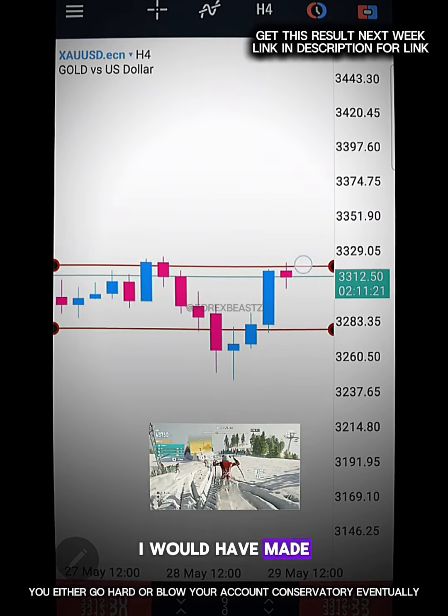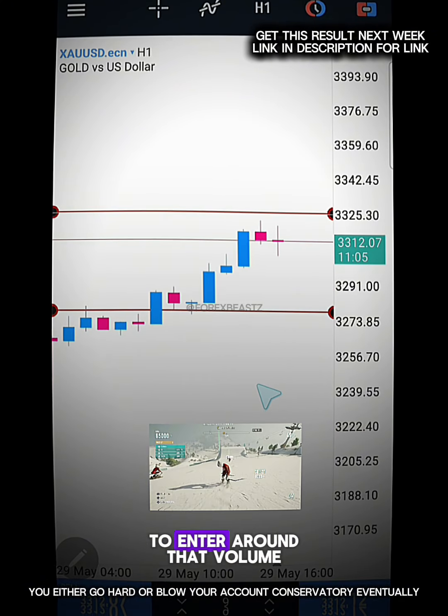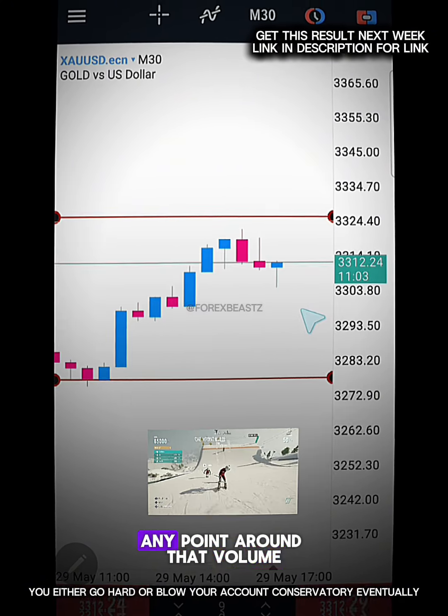Basically, you can see there is a lot of volume around that point, so that's going to transfer to current price action. If I enter around that volume, there's a probability that the price is going to be propelled very, very fast.